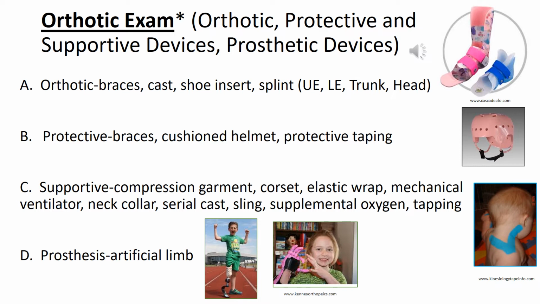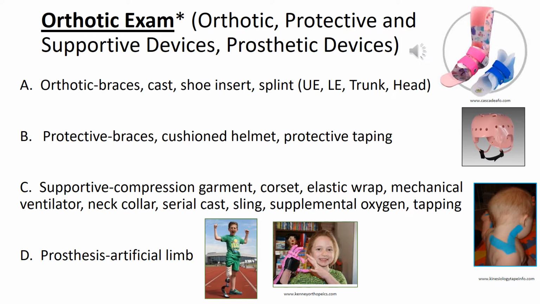So some basic pieces of information that you would want to know as it relates to that child's orthoses is how long have they had that device? Are they tolerating the device well? Do they use the device? Just because a child has a certain type of orthotic or brace doesn't mean that they are compliant in using it or that the family values that piece of equipment.